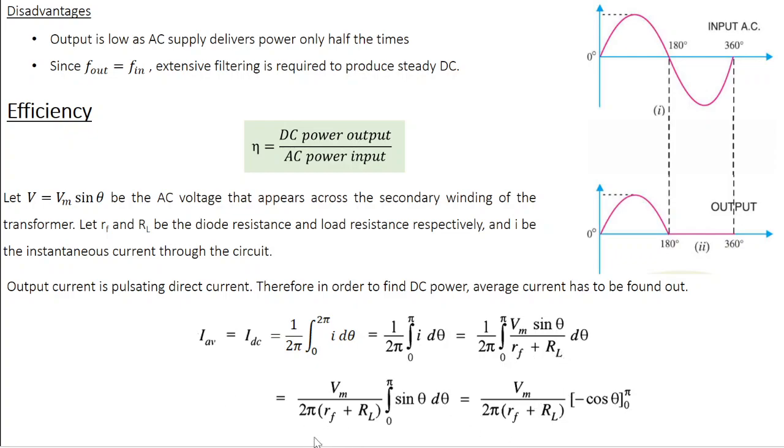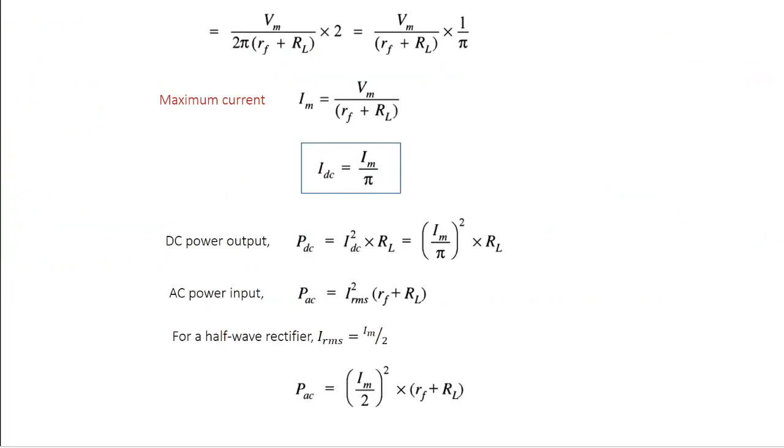So I average equal to Vm divided by 2 pi into Rf plus Rl, integral 0 to pi sin theta d theta. Integral of sin theta is minus cos theta. You apply the limit. Cos pi is minus 1, cos 0 equal to 1. When you apply the limits, you get the term inside the bracket as 2.